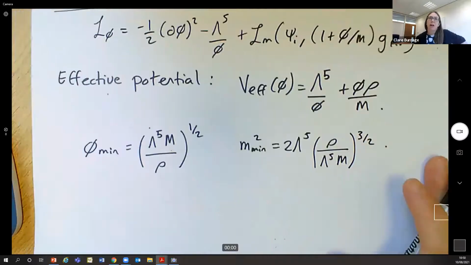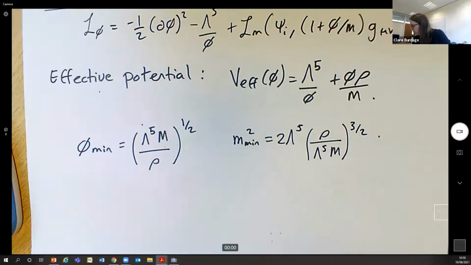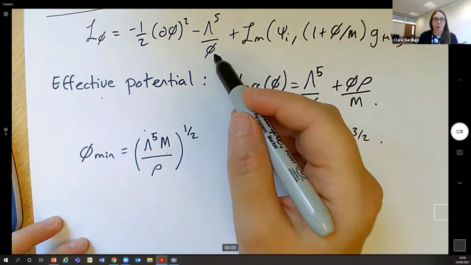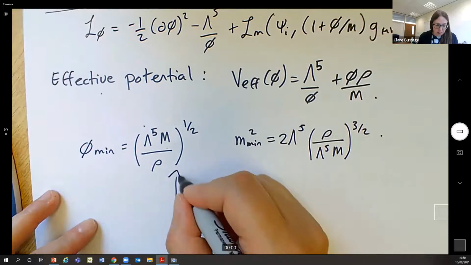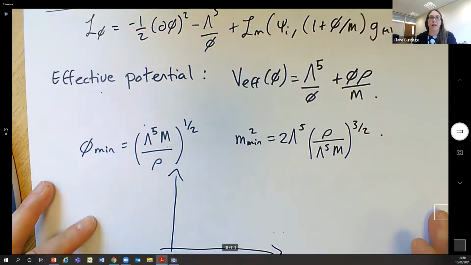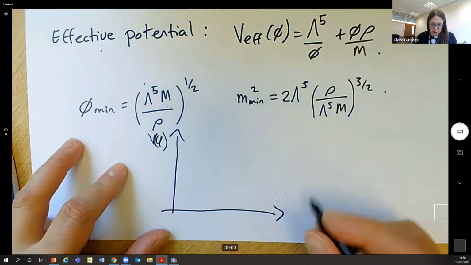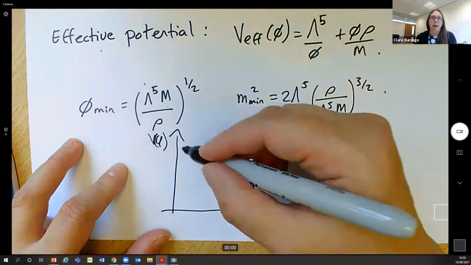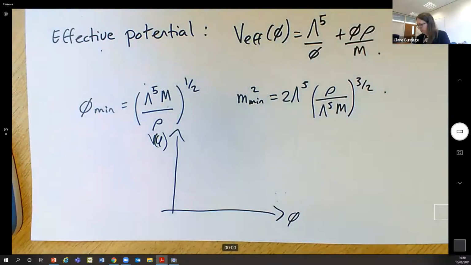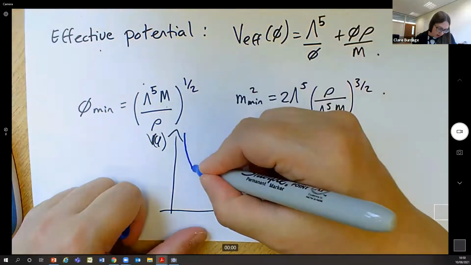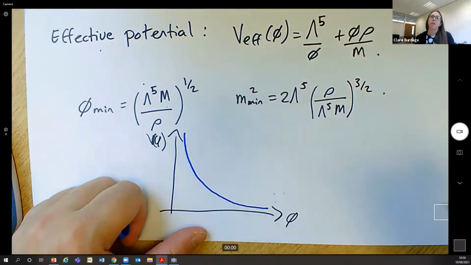The first thing to say is that the reason for choosing this potential, first of all, is that it's a very common choice for quintessence theories. So if this is our V of phi, a function of phi, our inverse power law goes like this.